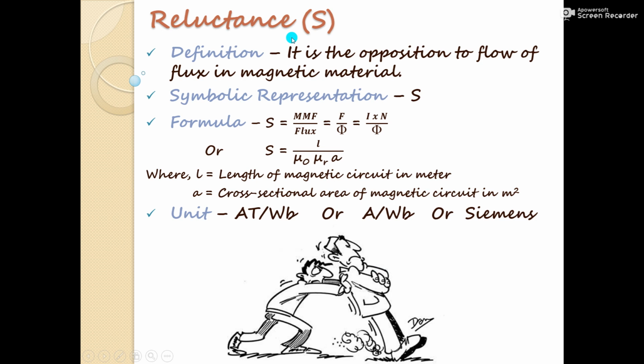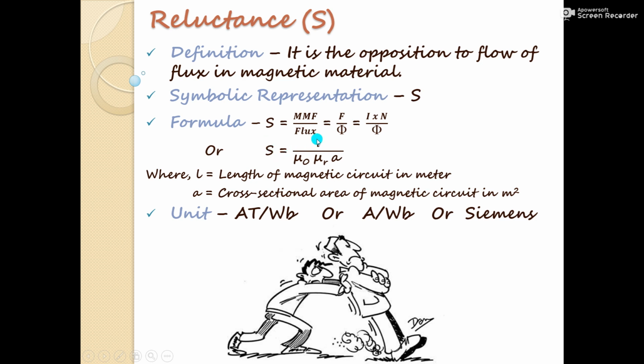The next term is reluctance. We denote capital S for the reluctance. It is the opposition to the flow of flux in a magnetic material. So the formula for the reluctance is magnetomotive force upon flux, so that can be written as F upon phi. But magnetomotive force is nothing but number of turns into current flowing through the coil or that magnetic circuit, divided by the flux phi.